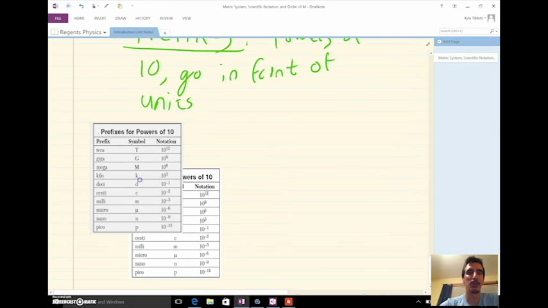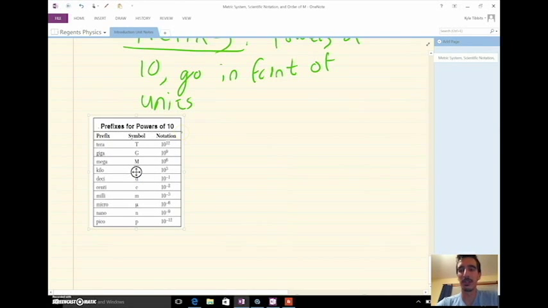These are the most common prefixes, powers of 10, that we're going to use in our physics class. These go with any unit. So it could go with meters, grams, newtons. I'm going to look at one that's pretty common, that's meters. So I'm just going to assume that all of these down here represent meters for the time being.